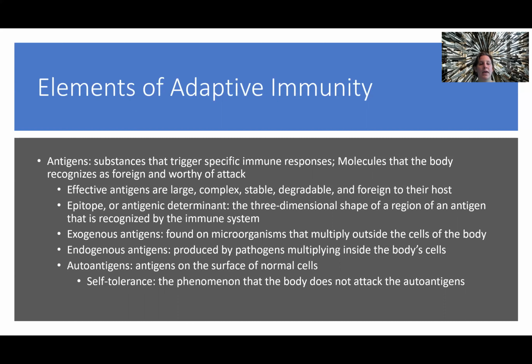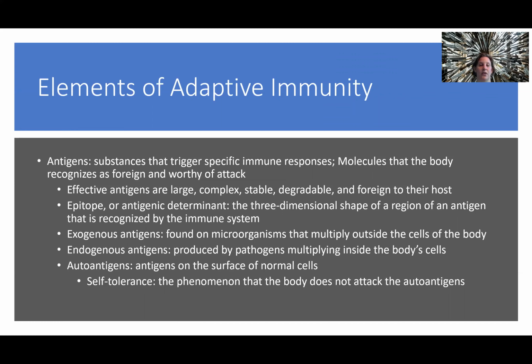Now, we can have different types of antigens. Exogenous antigens are found on microorganisms that multiply outside the cells of the body, so maybe they are multiplying within the gut. We also have endogenous antigens. Those are inside of our body cells. And then we can also have autoantigens.